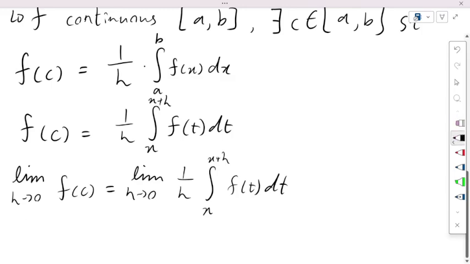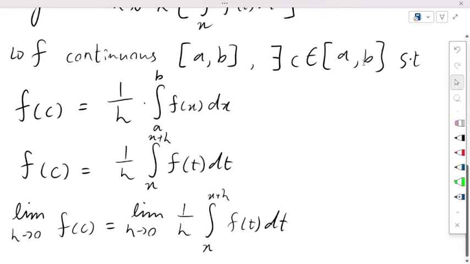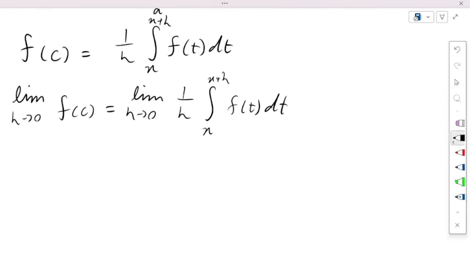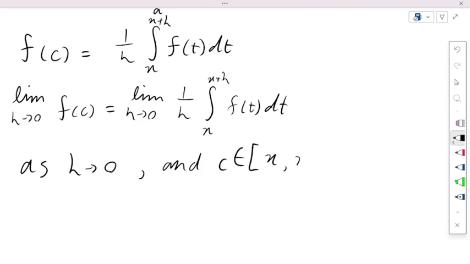But now what we need to consider is the following. Because c actually lies in the interval between a and b, basically as h approaches 0, and because we're referring to this limit, c exists in the interval from x to x plus h, because remember that is basically our bound over here.